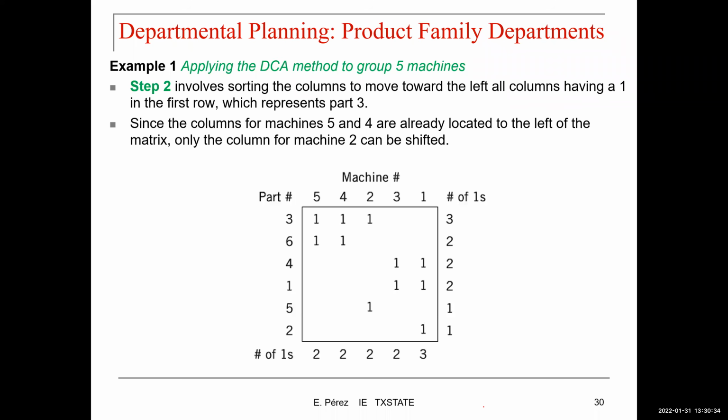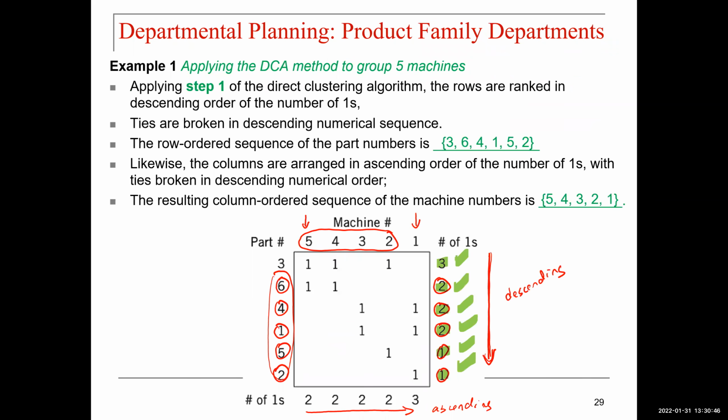Step 2 involves sorting the columns to move toward the left all columns having a 1 in the first row, which represents part 3. Okay, so let's go back here. You see here we have 5, 4, 3, 2, and 1. So now we're going to start doing a shift of these columns.